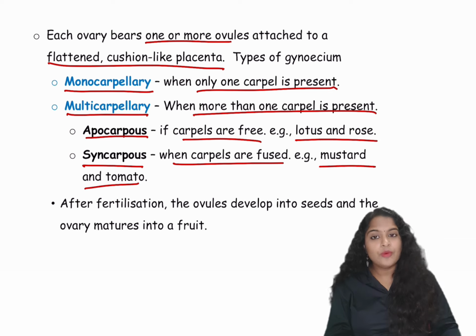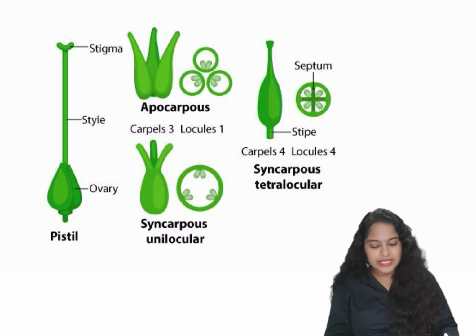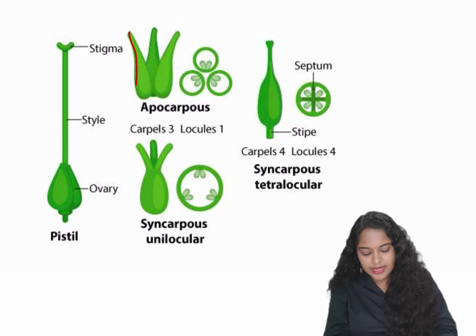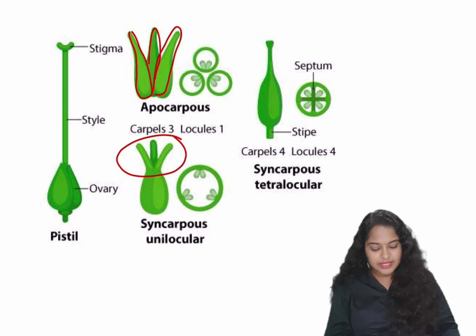After fertilization, the ovules will develop into seeds and the ovaries will mature into fruits. Now you can see apocarpous and syncarpous here. Here all the carpels are separate, that is apocarpous. Now here all three are fused, that is syncarpous.